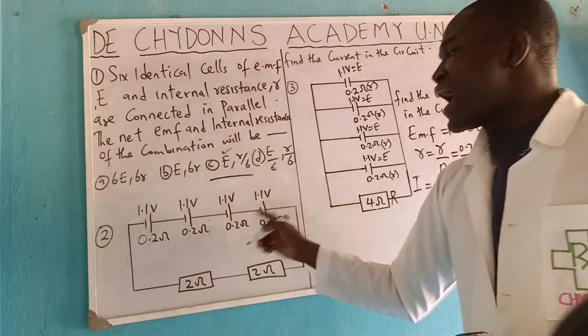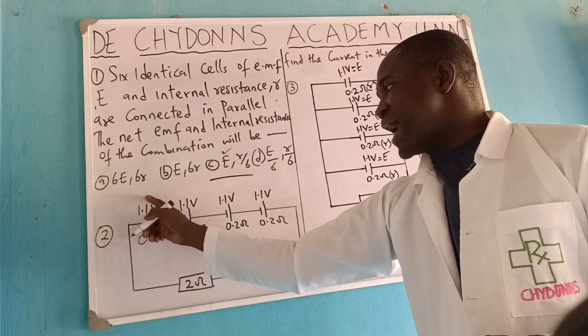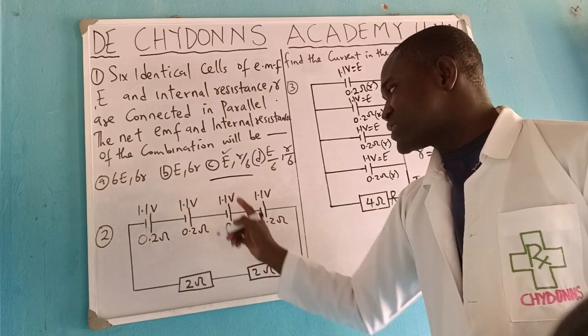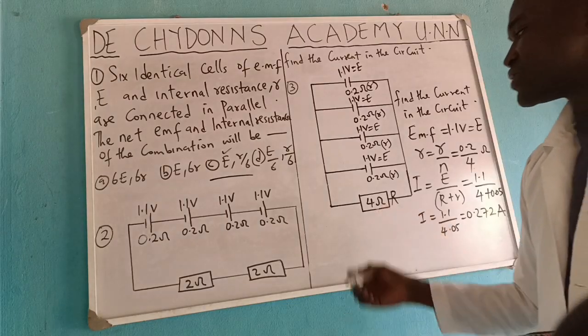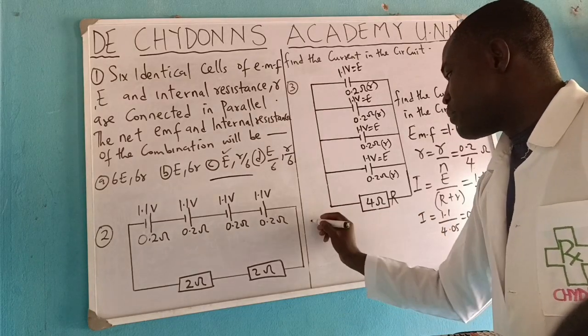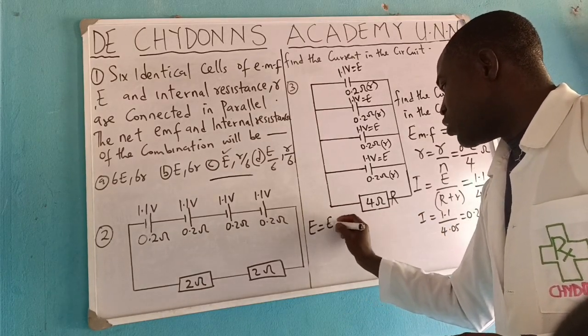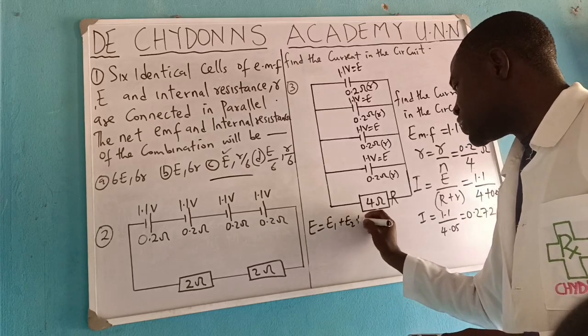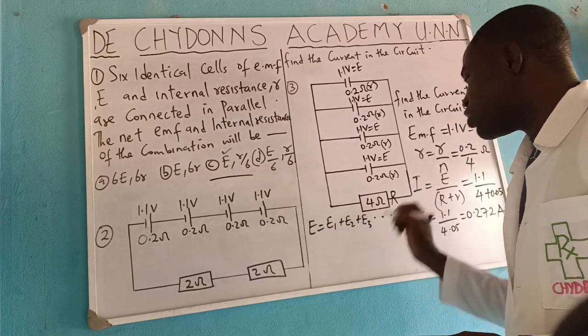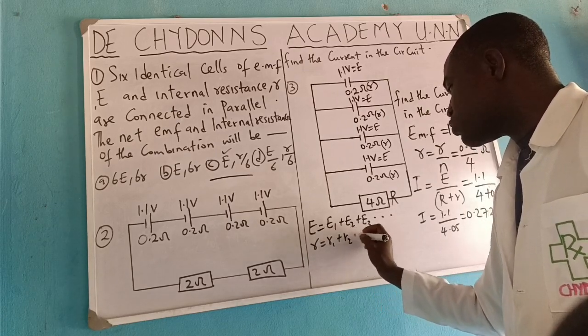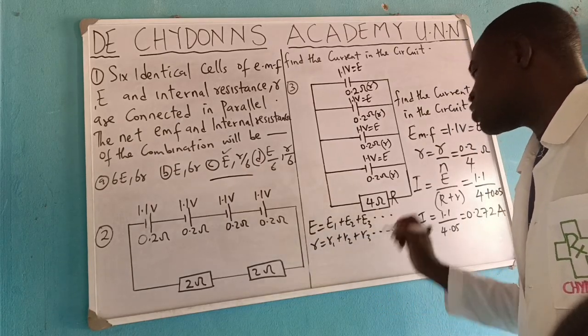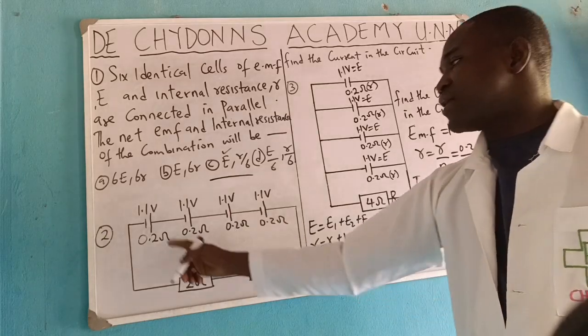Now, when they are in series, when the identical cells are in series, you can see they are like twins. When they are in series, their total E will be what? The E1 plus E2 plus E3 ... And the total R will be equal to R1 plus R2 plus R3 ... That means how many are there?